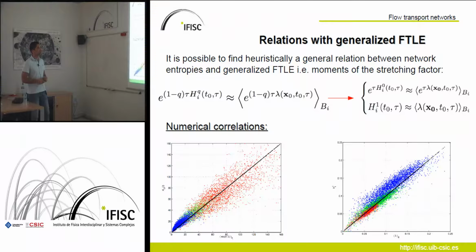So we think that for every q we will extract the q-th moment of the Lyapunov exponent field. And this is a check that we did with a numerical experiment for several different integration times, different colors here. You can see there seems to be a nice agreement.